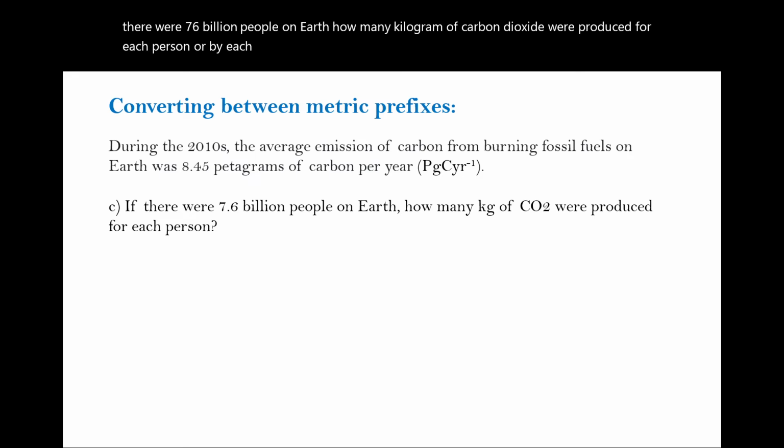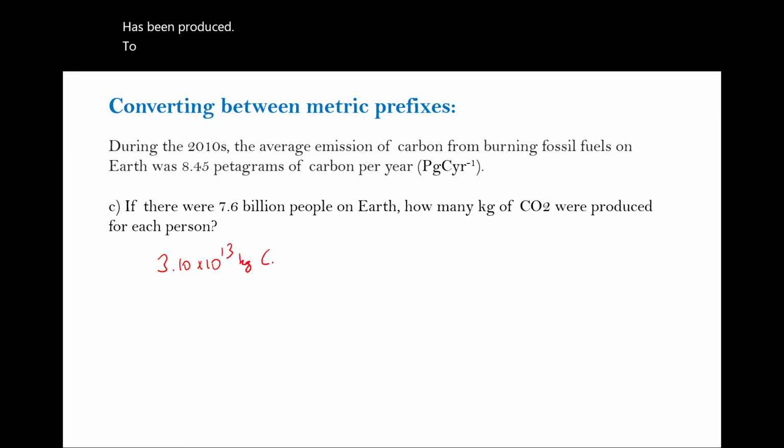Now we just know how much carbon dioxide has been produced, 10 to the 13 kilogram carbon dioxide per 7.6 billion, which is 10 to the negative 9th.